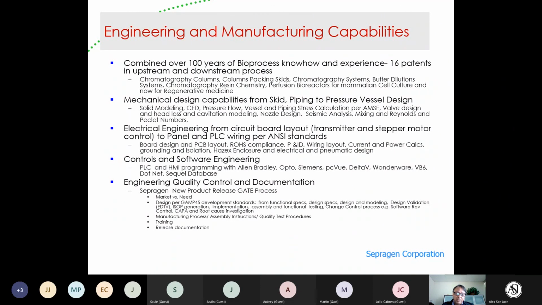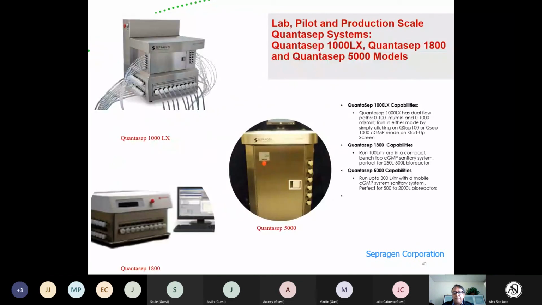We also make our skids, and we have a full engineering team, a whole design team that does all this. And we've got automated systems which run on PLC and SCADA, and we've got our software team that develops these machines as well. We're not going to talk about machines, I'll just touch on it, as it'll be the subject of a different webinar. But just for some of you who might be interested, there are some of our standard machines.